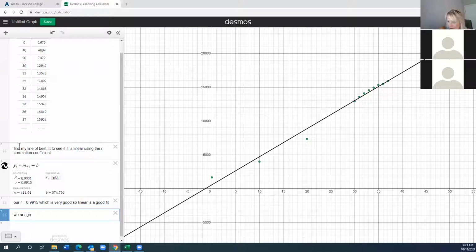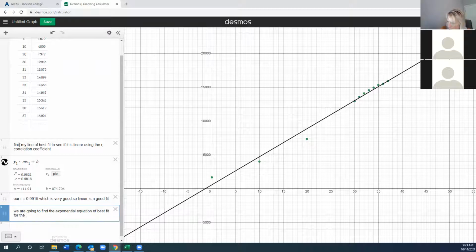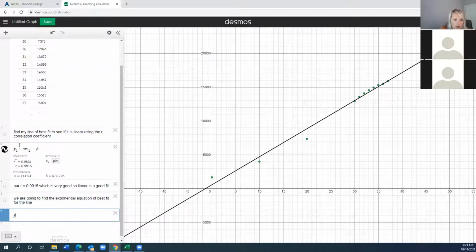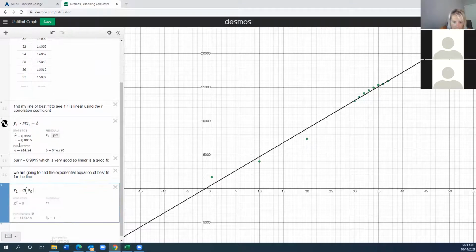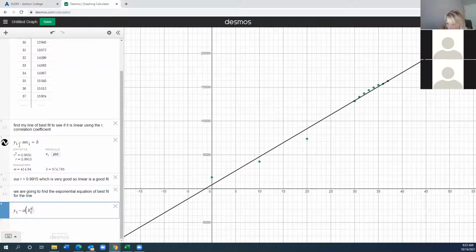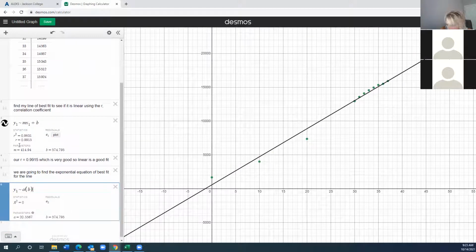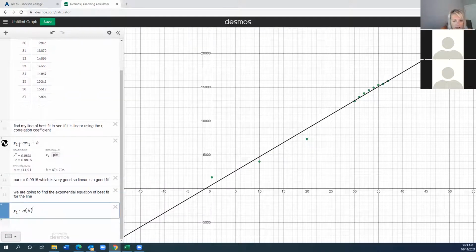We are going to find the exponential equation of best fit for the line. Okay, so y1 tilde a times b to the x1. Oh gosh, there. Me and my parentheses here today.